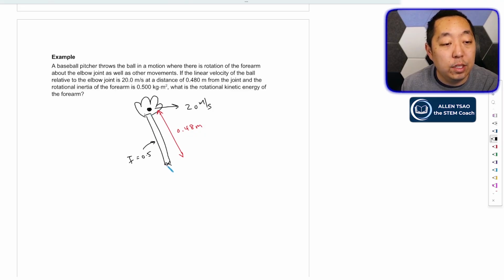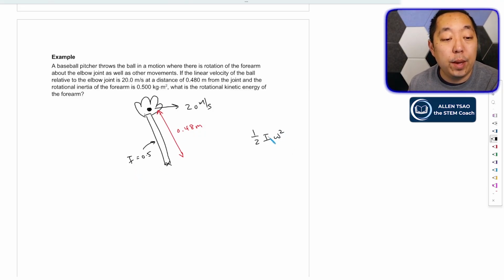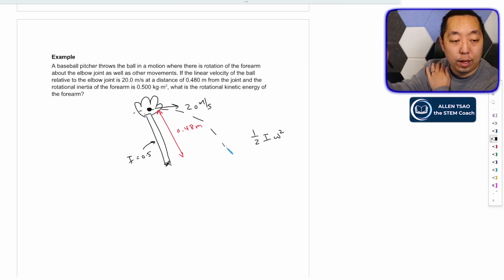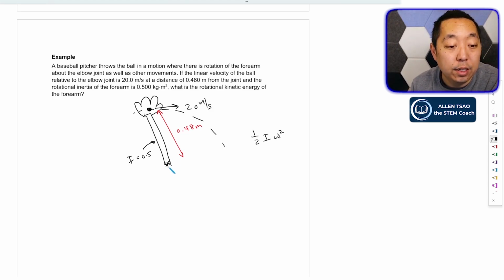Okay, so we're just talking about this forearm here, and we want to think about 1/2 I omega squared. They gave us the I, and we need to figure out what the omega is. They gave us the linear velocity at the end, and he's swinging his arm, so it's rotating around this elbow area. This is the v at the end, and we know v is equal to r omega.